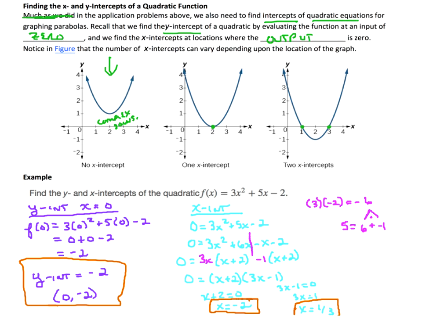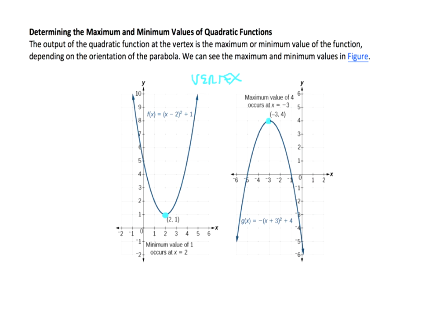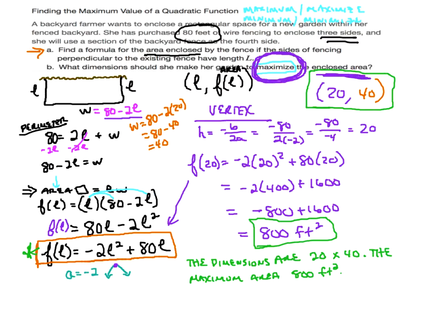So we found the general form of this equation. Let me go back, so we don't have to worry about finding that. We can plug in zeros and not need that. Okay, so we want to find the y and the x-intercepts, if it has any x-intercepts.